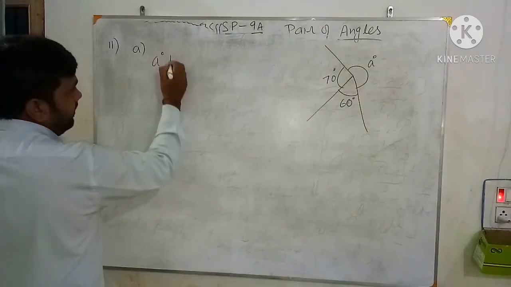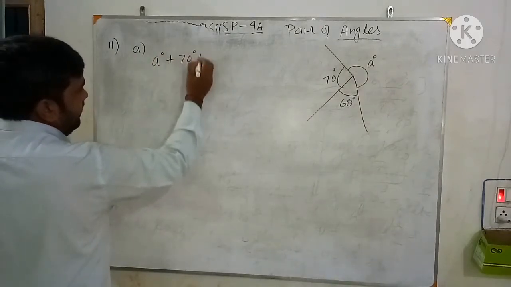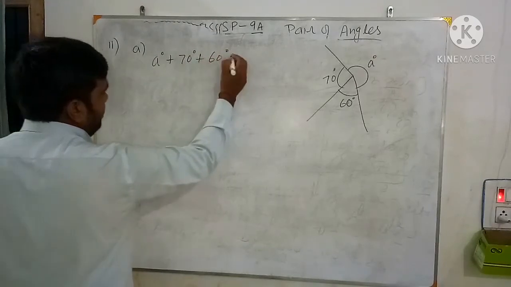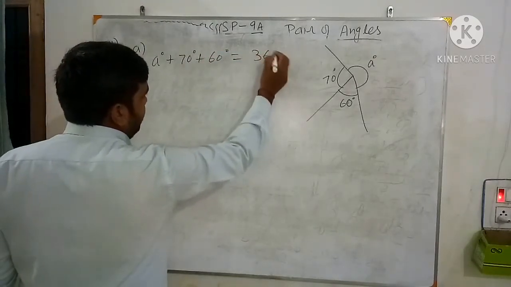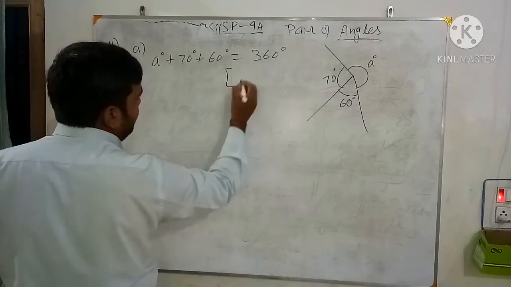So A degree plus 70 degree plus 60 degree gives you 360 degree. The reason we quote is complete angle.